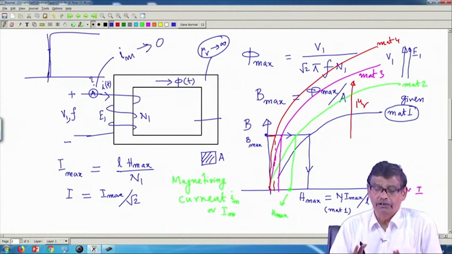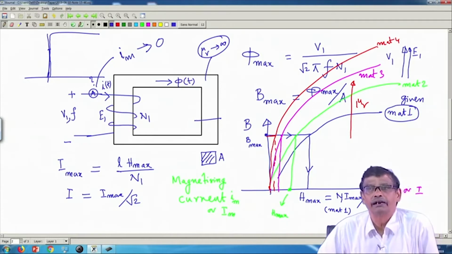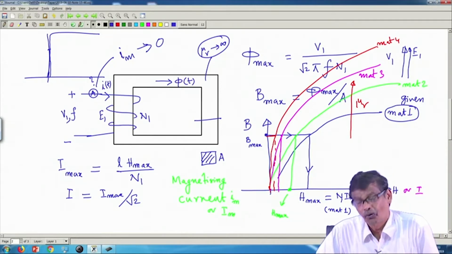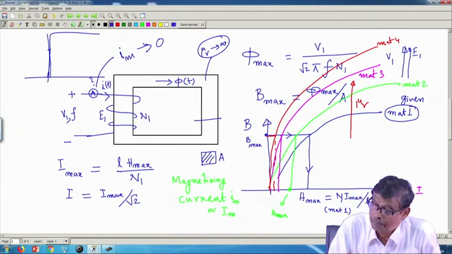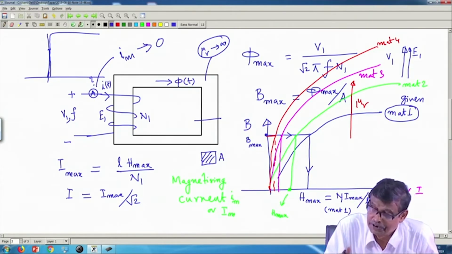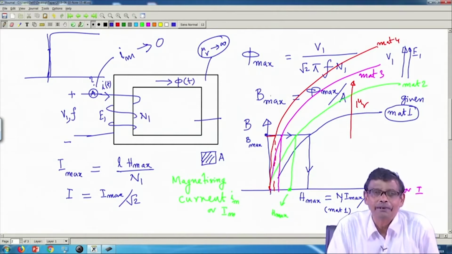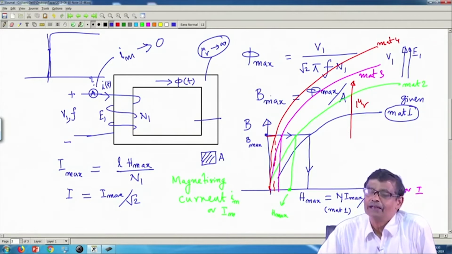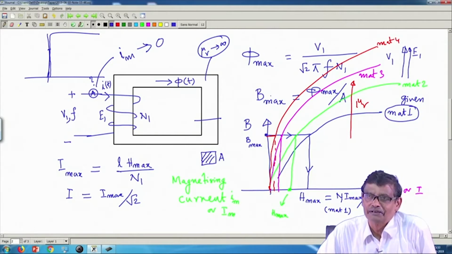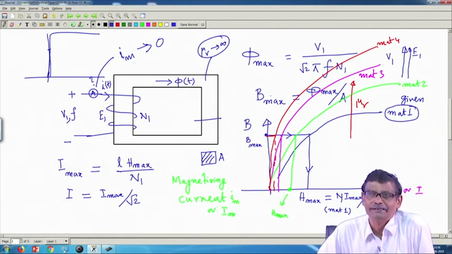That is all it means. No point in asking why 0 current, how it can create flux. No matter how good your magnetic material is, it will definitely take a current, but that current is very small, and we will see that it will be very small compared to the rated current of a transformer.